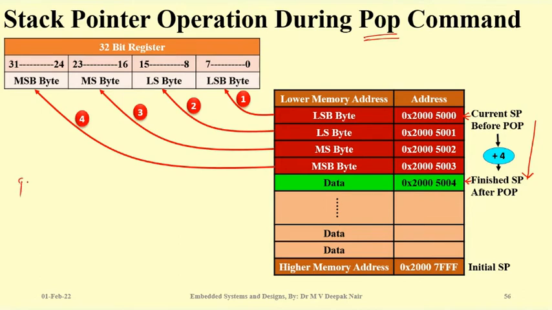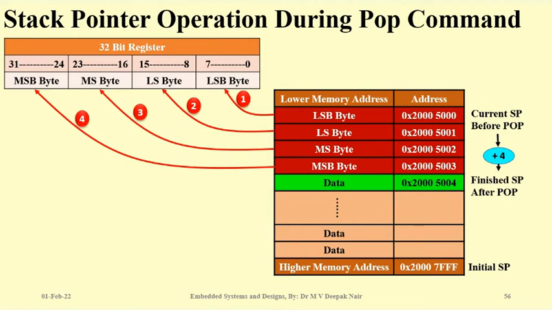Whenever you pass a push instruction, the stack grows upward. Whenever you do a pop instruction, the stack goes downward. Any doubt in this part, push and pop? We covered this in 8085 also, so I don't think there will be a big doubt. Anyone still having doubt about how the data is moving from the register or temporary register to memory, or from memory back?